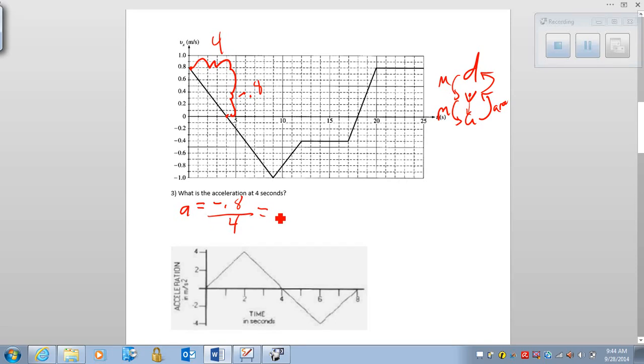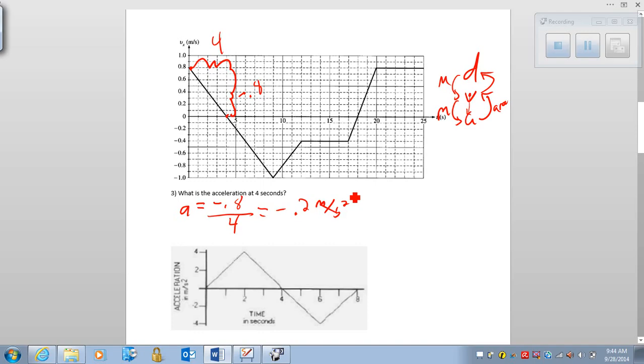And it's going to be a negative acceleration, which we would expect looking at that slope. And that's just equal to a negative 0.2 meters per second squared.